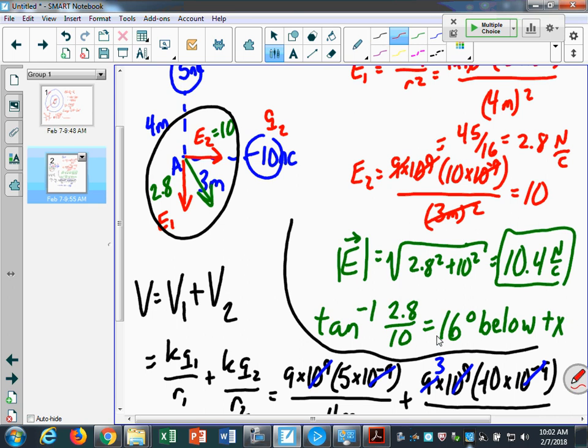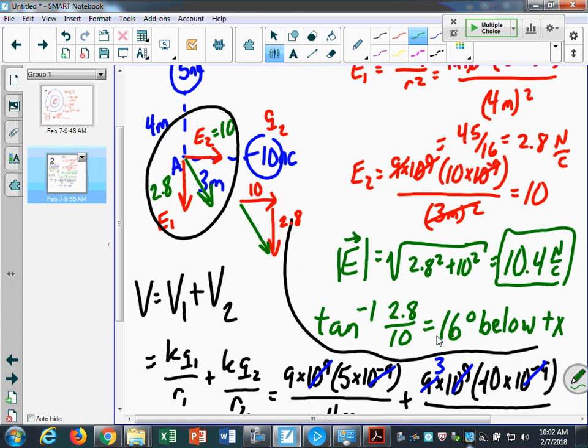I'm going to take those red vectors and I'll redraw them like this. This one is 2.8 and this one is 10. And then the green vector, which is really what we're looking for, is that vector. See, all I did here is I translated this vector over to here, and then I get this figure.